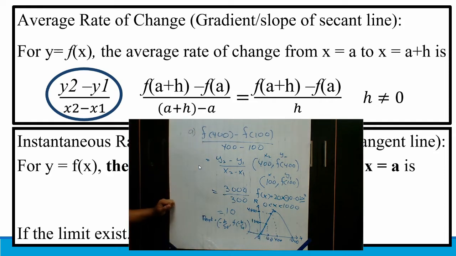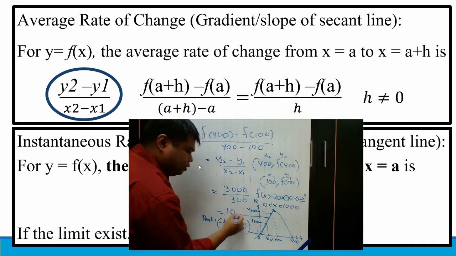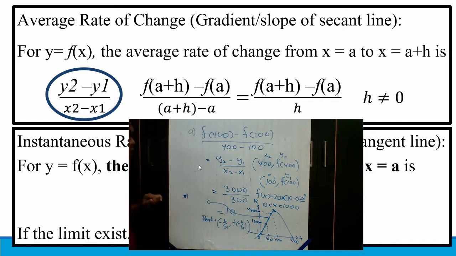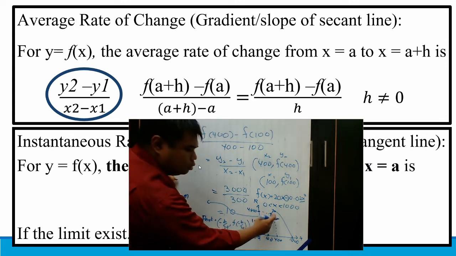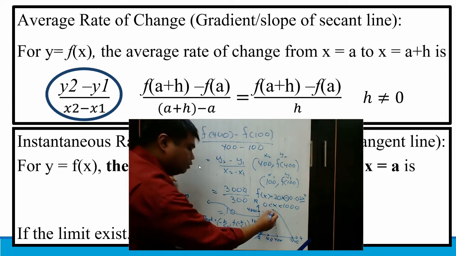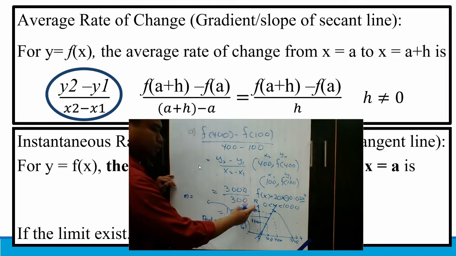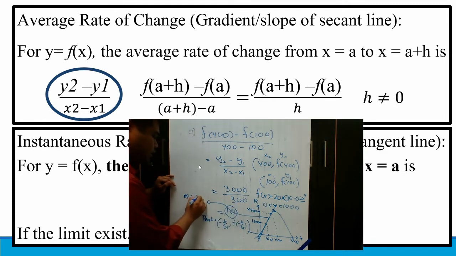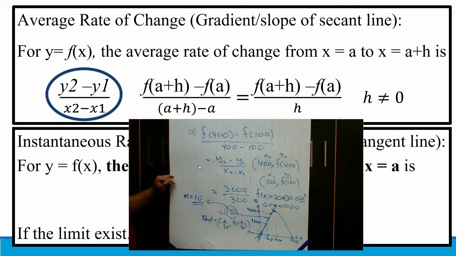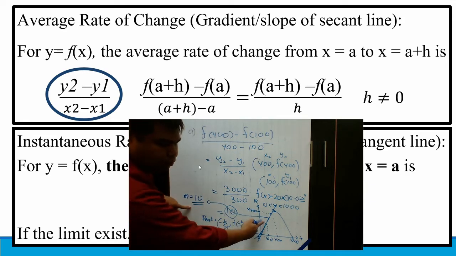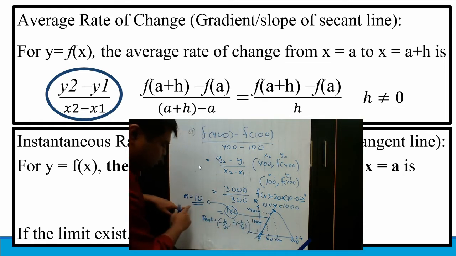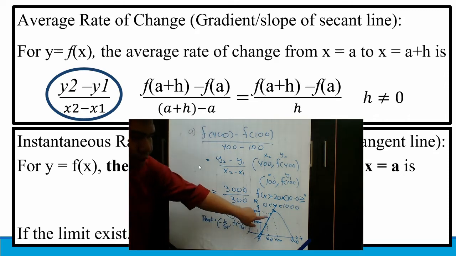The m for here, the average rate of change of this graph from one point to the other point, is equal to 10 ringgit. This 10 ringgit is the gradient, the slope of the line, which is m. The gradient is 10 ringgit from one point to the other point.